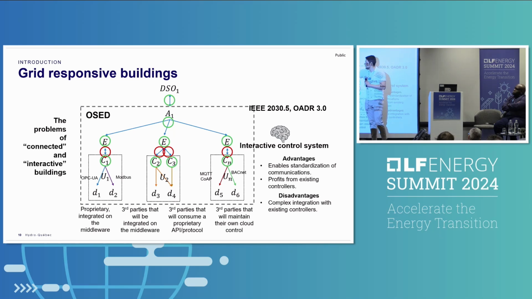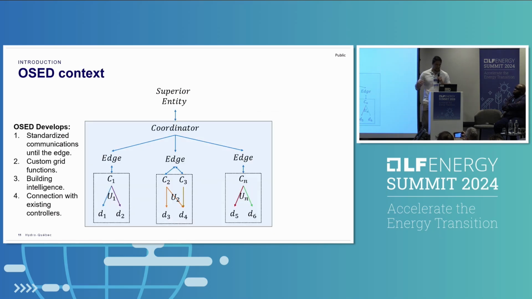We have very simple communication with the edge devices, and we find a way to integrate the edge devices with already existing controllers, like Home Assistant, like EdgeX, another project of Linux Foundation, and other types of controllers that you can leverage that already exist. So in very, very high level, that's what we did, and that's what we will try to present today.